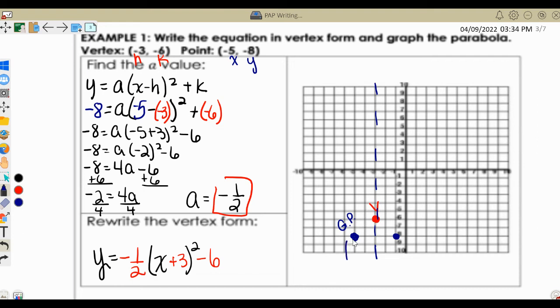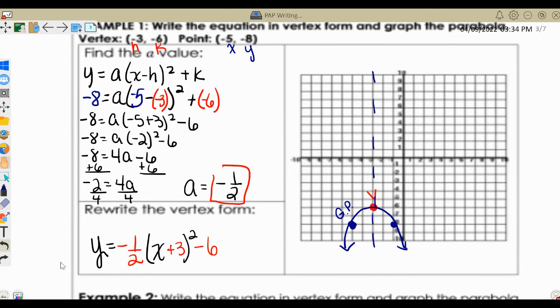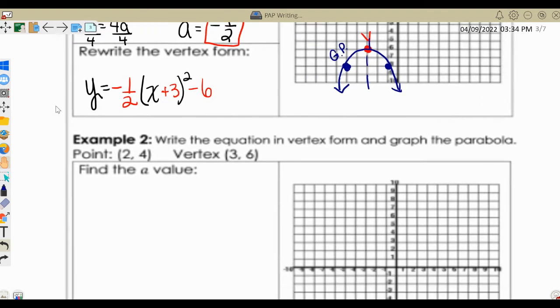Remember, parabolas are curved. And I'm having a hard time drawing a curve right now. So parabolas are curved types of functions. So there we go. All right, doesn't have to be perfect, but there we go. All right, let's go ahead and look at another example.